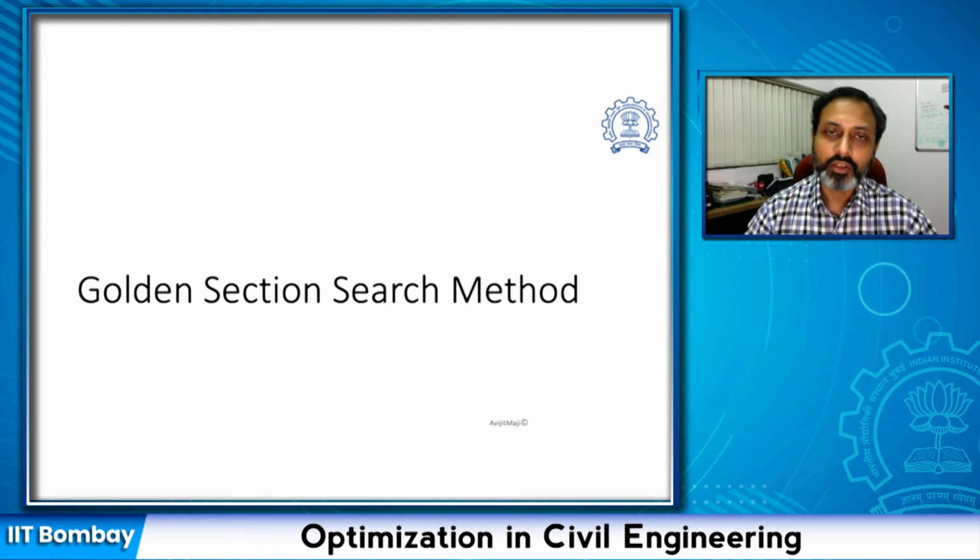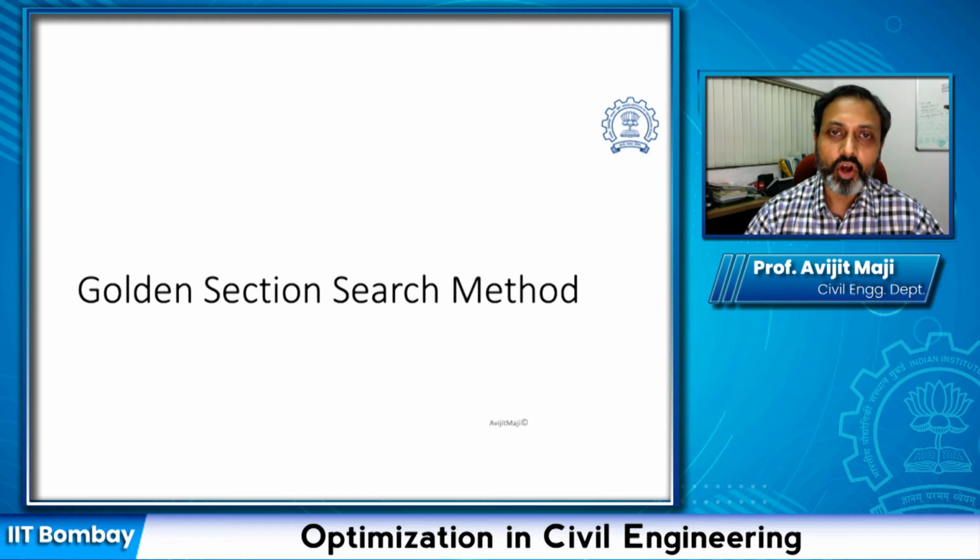Hello everyone, welcome back to Optimization in Civil Engineering. In the last lecture, we started with the region elimination methods and we discussed two such methods, which are the interval halving method and the Fibonacci search method. In these two methods, we observed that the interval halving method can eliminate 50% of the region in each iteration.